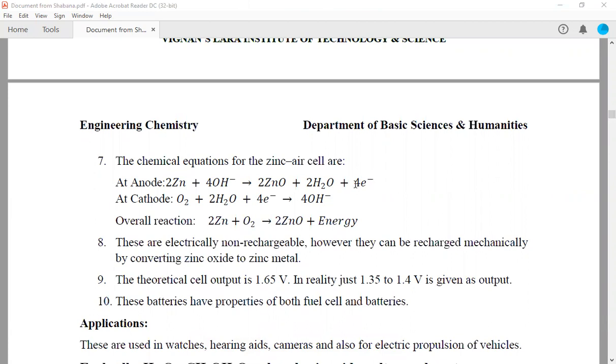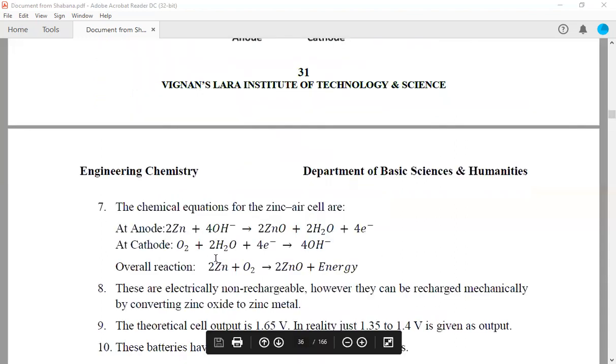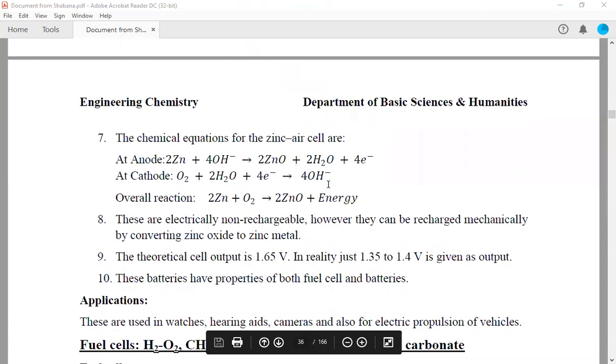This electron moves from anode to cathode, where oxygen is present, and the electrons react with oxygen and the water molecule to form the hydroxyl ions. And the overall reaction is zinc plus O2 giving ZnO along with the energy liberation.